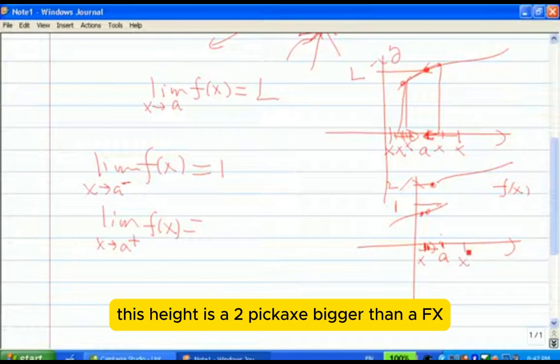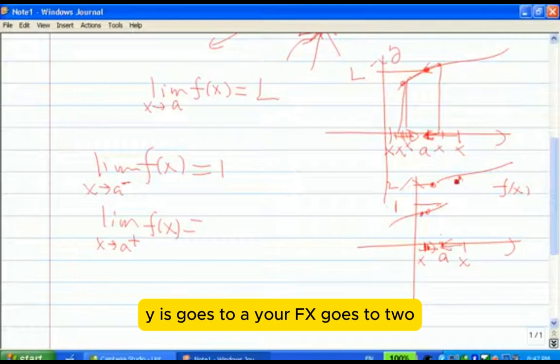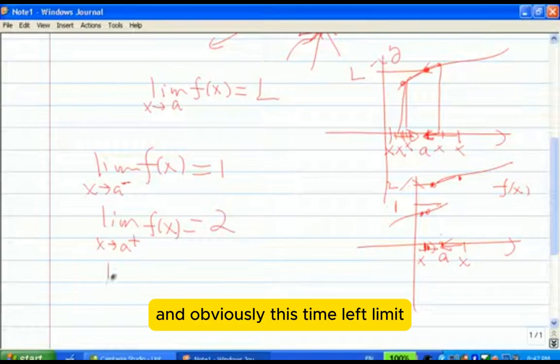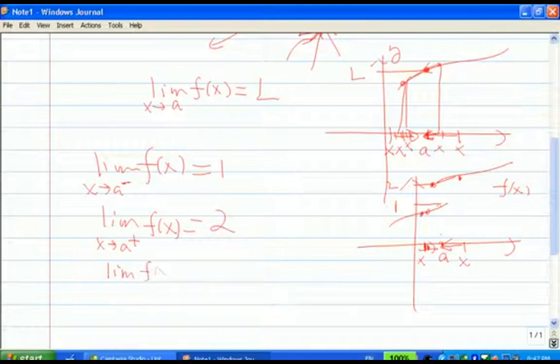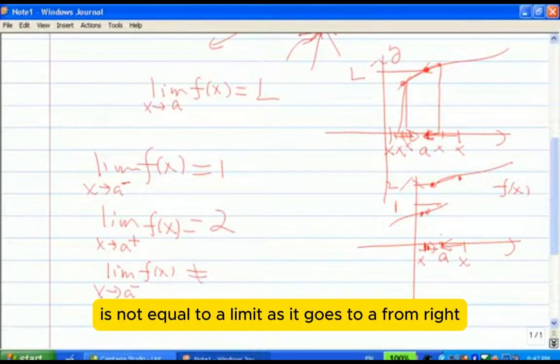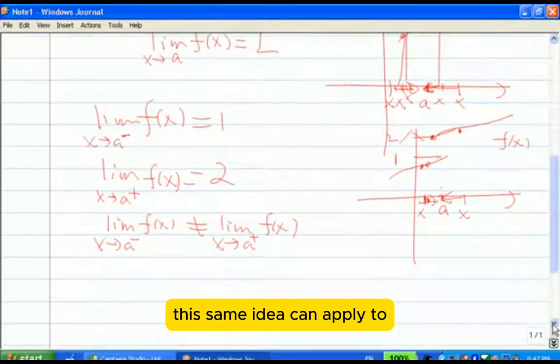Pick x bigger than a; as x goes to a, f(x) goes to 2. This time the left limit is not equal to the right limit, so we say this limit does not exist.